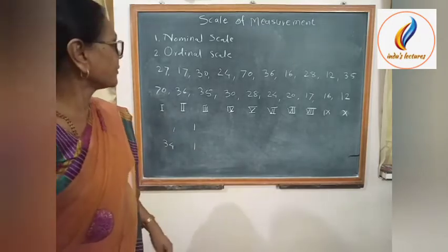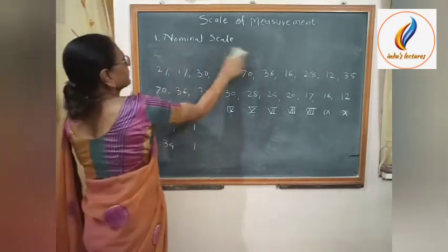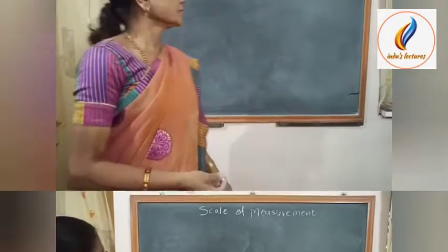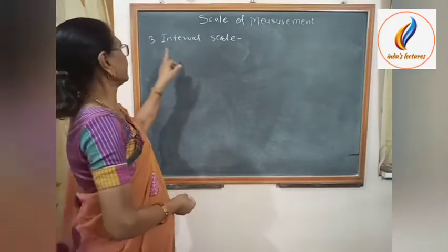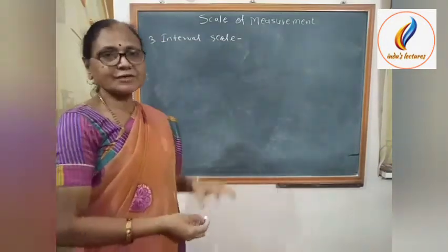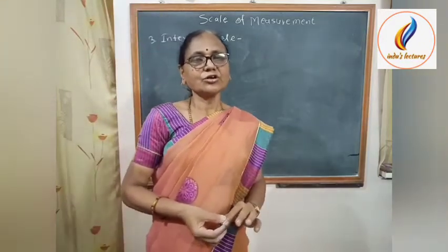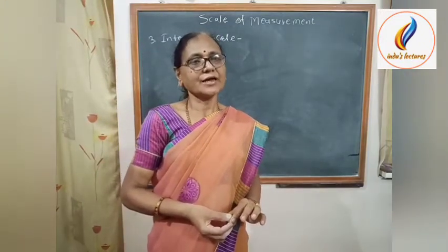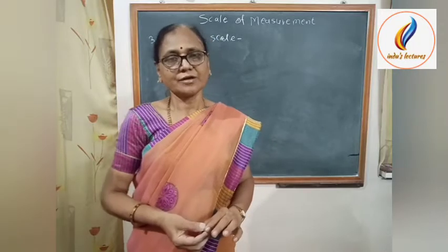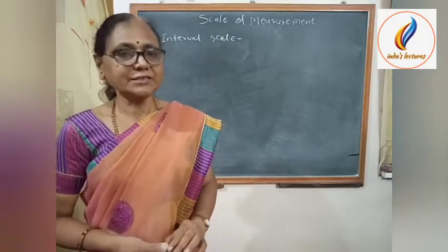Now the third type of scale is interval scale. Interval scale has equal units of measurement, but it does not have a true zero. For example, intelligence.